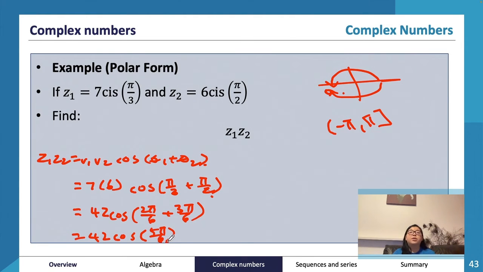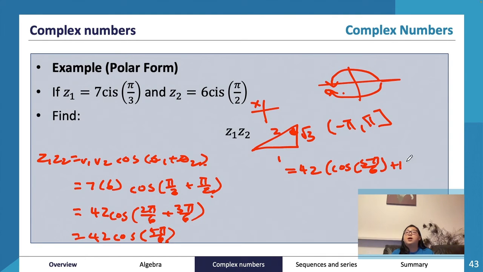And sometimes they'll get you to convert it back into Cartesian form, and if that's the case, once again, we can figure out the quadrant. So once again, it's going to be in this quadrant, and for now we're looking at pi on 6. We're going to use our root 3, 2, 1 triangle, and then we're just going to get 42 on the outside, times cos 5 pi on 6 plus i sine 5 pi on 6.